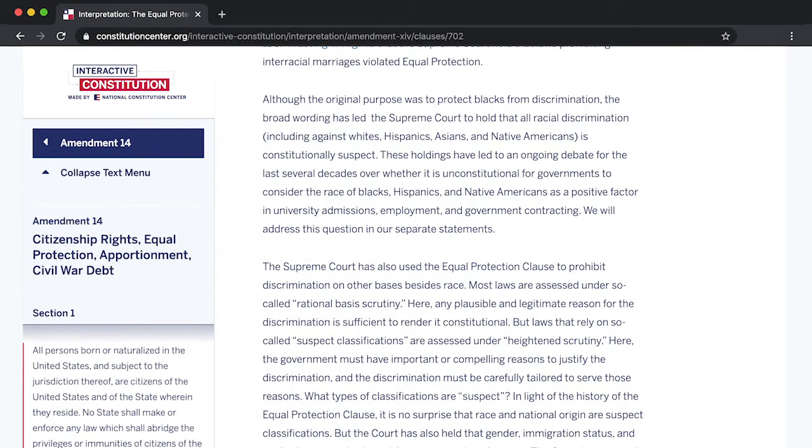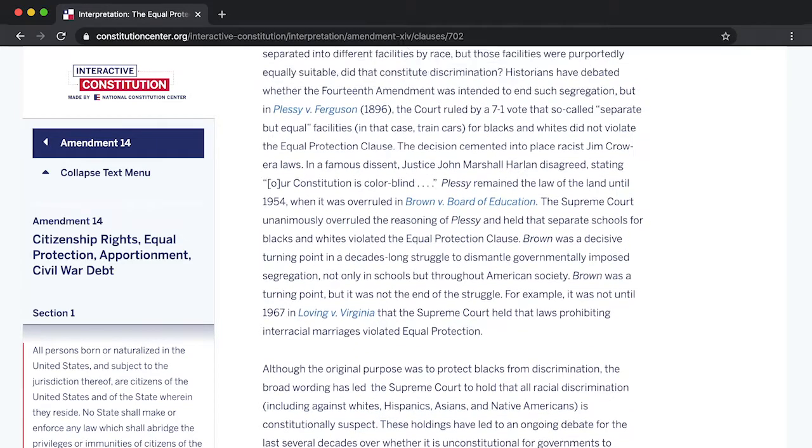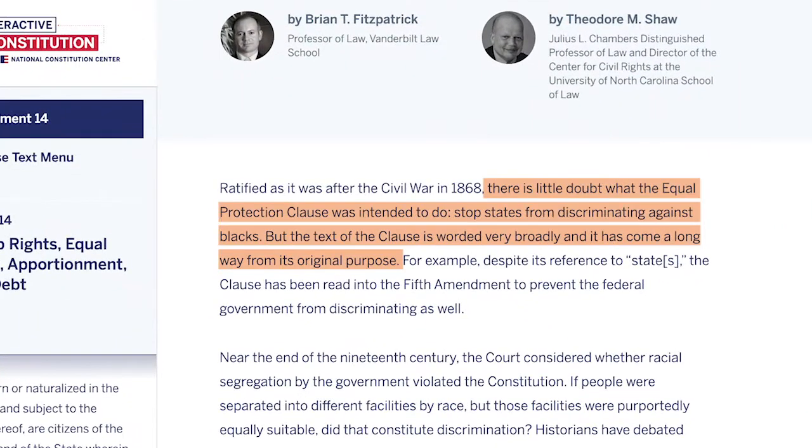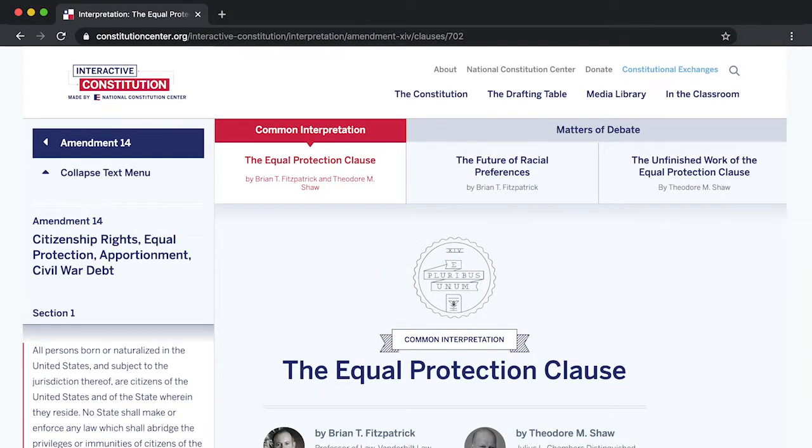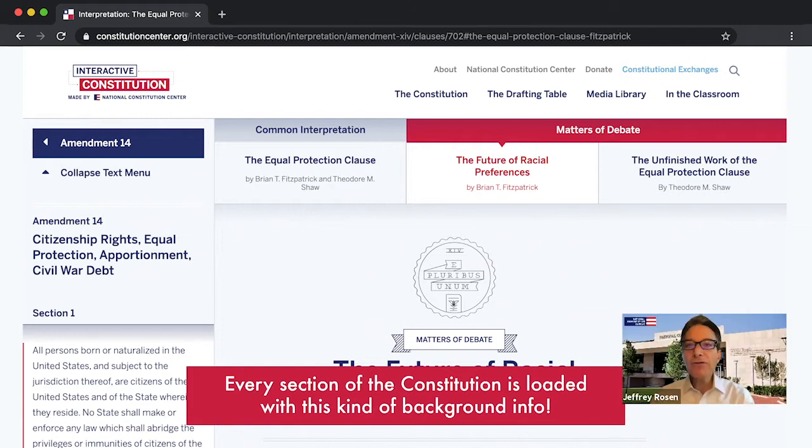Our scholars note that the Supreme Court has used the Equal Protection Clause to prohibit discrimination on other bases besides race. And they also note that there's little doubt that the Equal Protection Clause was intended to stop states from discriminating against Blacks, but the text of the clause is worded very broadly and it's come a long way from its original purpose.